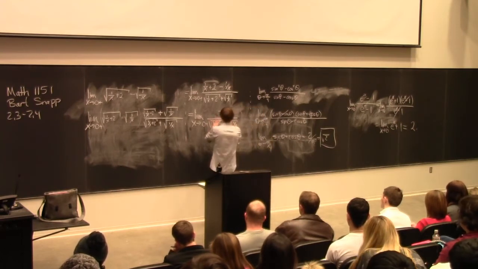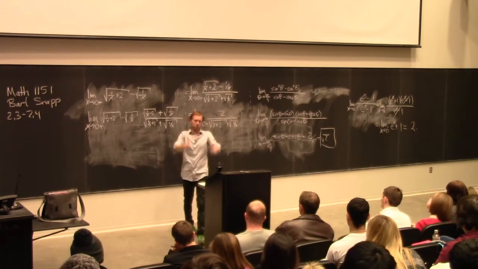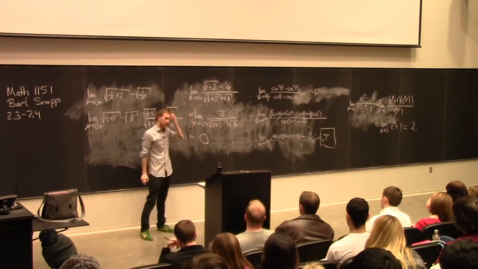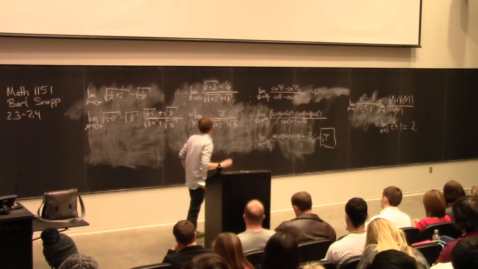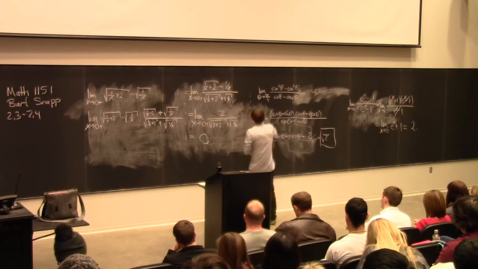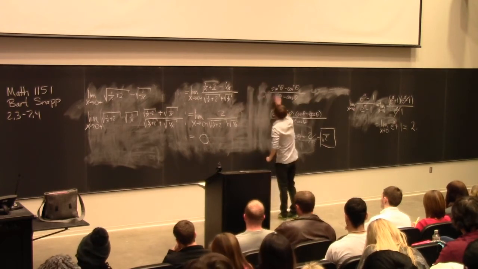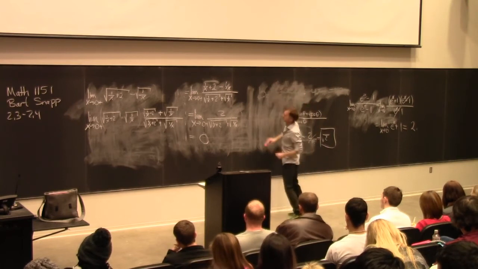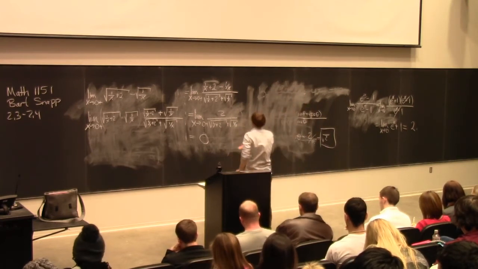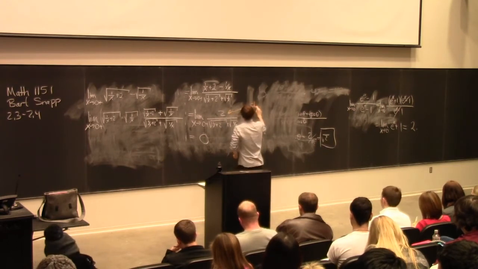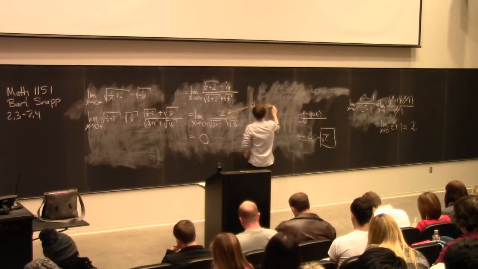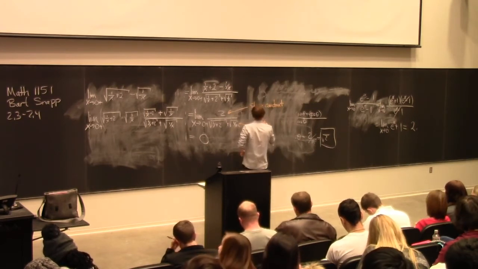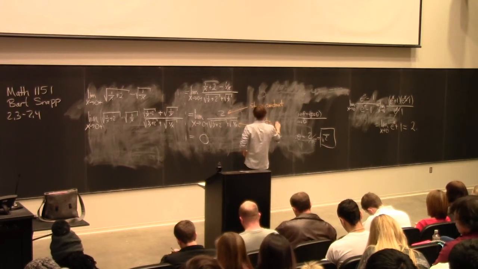So the denominator is going to go to infinity. And so this will be equal to 0, because the numerator stays constant and the denominator gets very, very large. I'll write that down. Gets huge.